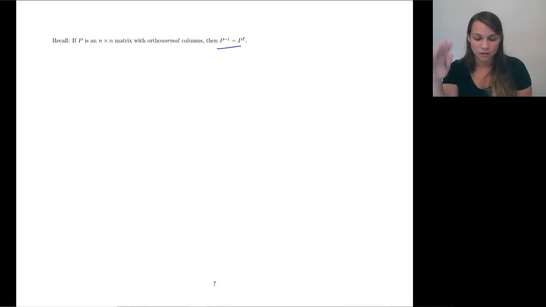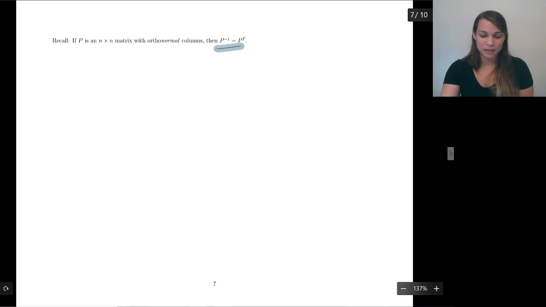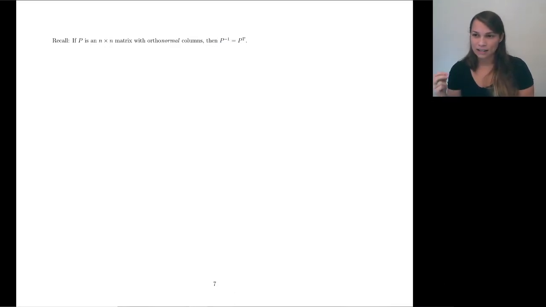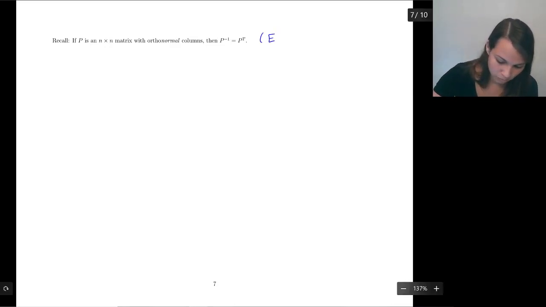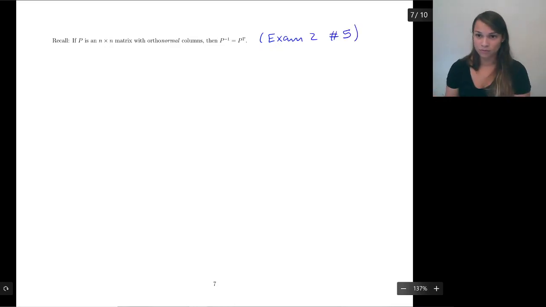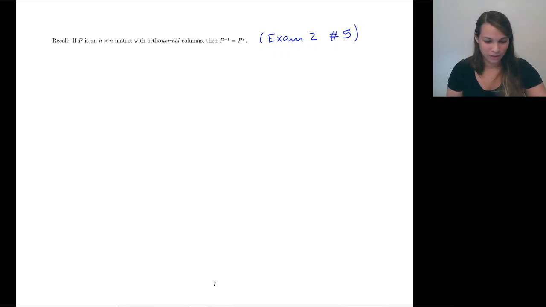If I was trying to do this for a 3x3, this would definitely come in handy. So I already have orthogonality. Can I get orthonormal? By the way, this was proven on exam 2, question 5, if you don't know where I proved that. So go check solutions.